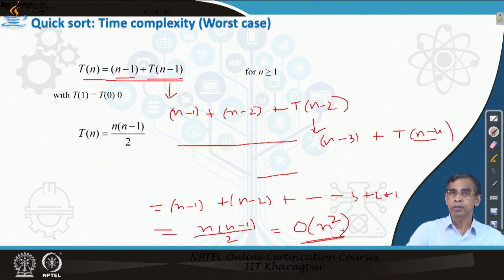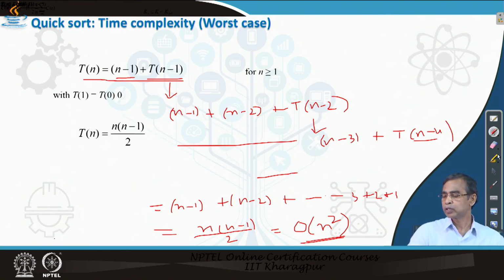So in the worst case, the time required for quick sort is order of n square. This is comparable to merge sort, where it took order of n log n. So that is why quick sort is termed quick, except when the list is already in sorted order.